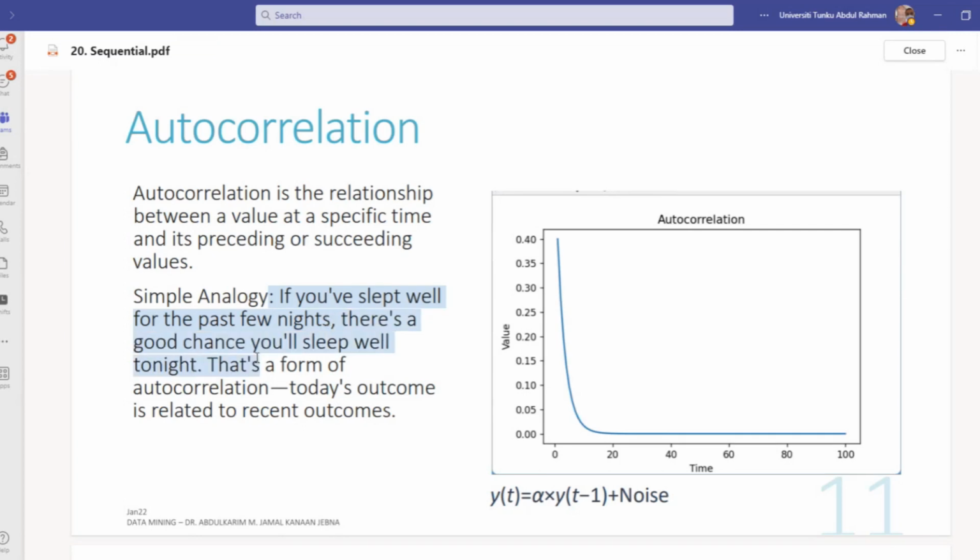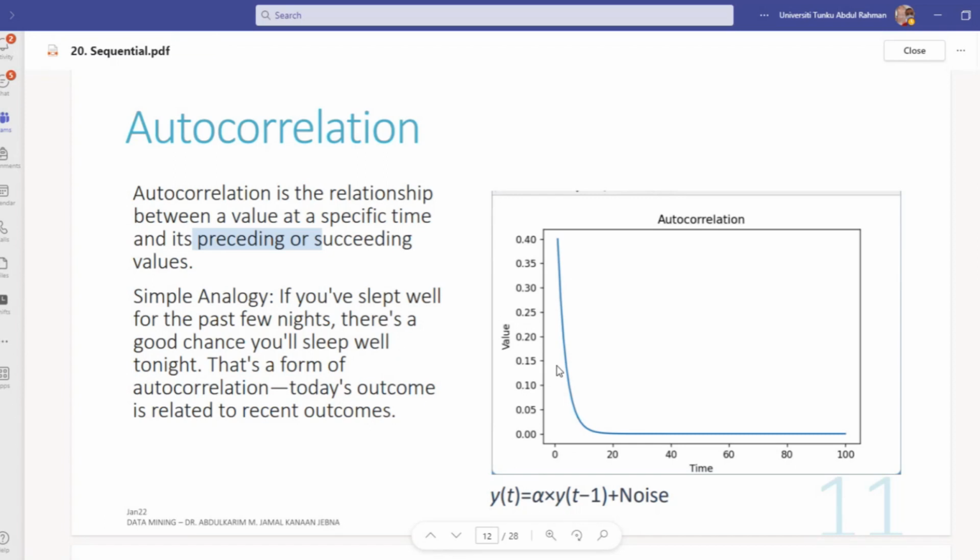It's going to be a good chance, right? So we can say that there's autocorrelation between the past values and today's value. So this is what we mean by autocorrelation, where a value at a specific time has a connection or relationship with its preceding or succeeding value.